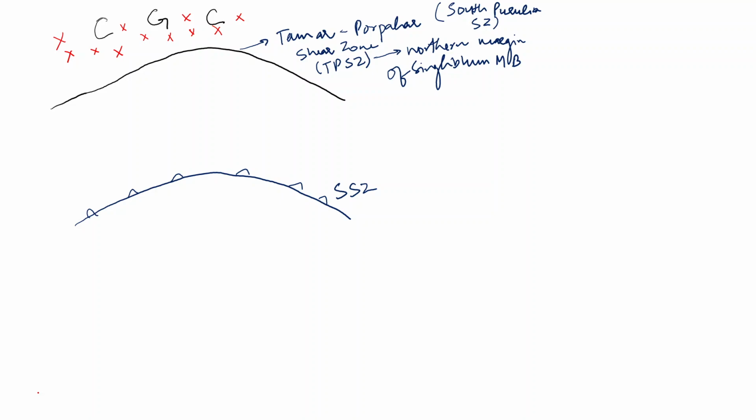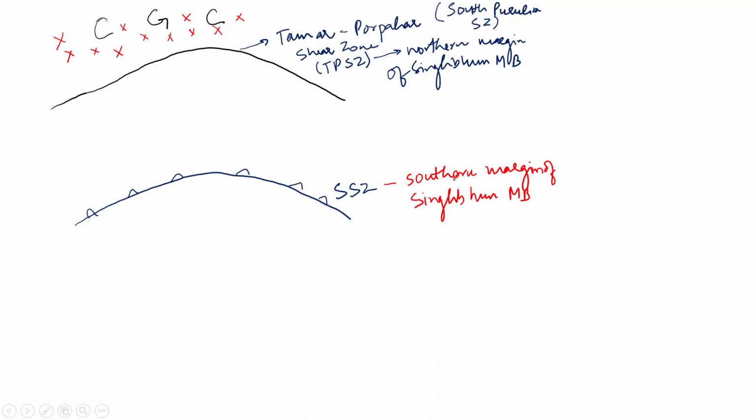So it's very important to remember that the northern margin of the Singhbhum Mobile Belt is the Tamar Porpahar Shear Zone, while the southern margin is the Singhbhum Shear Zone.